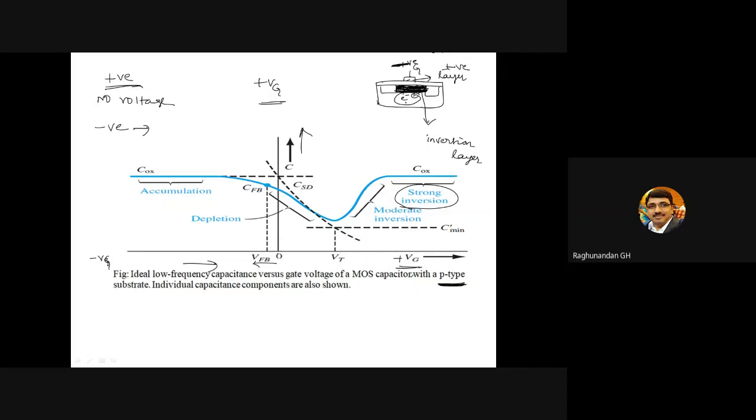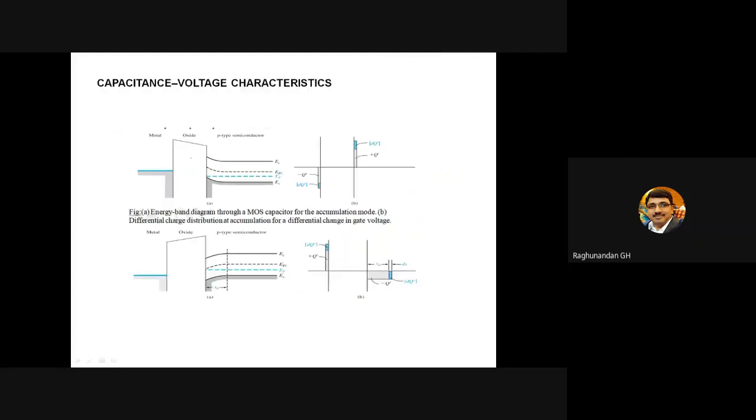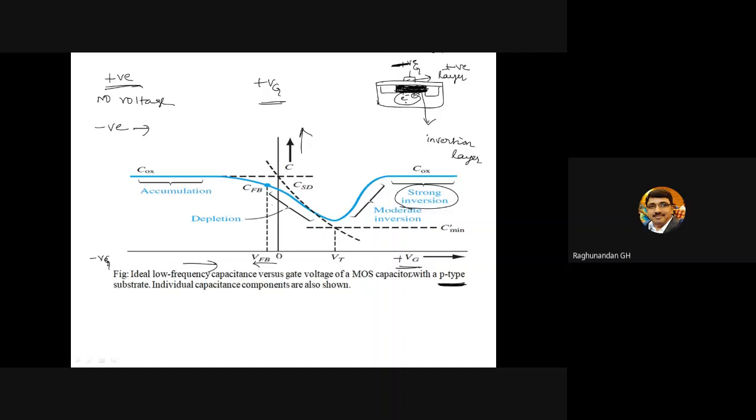Whenever the positive charges accumulate, we call it the accumulation layer of holes. So now it enters into the accumulation layer. When Vg is more negative, accumulation takes place.